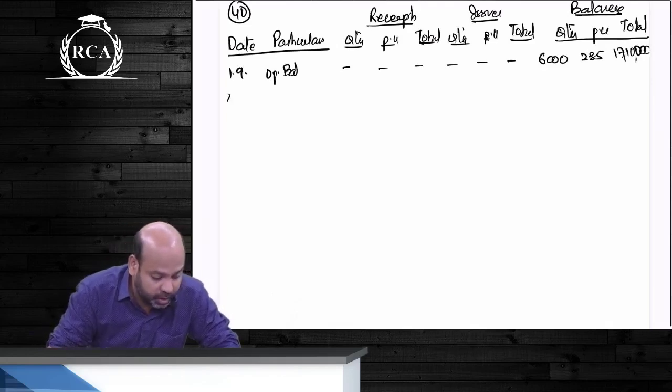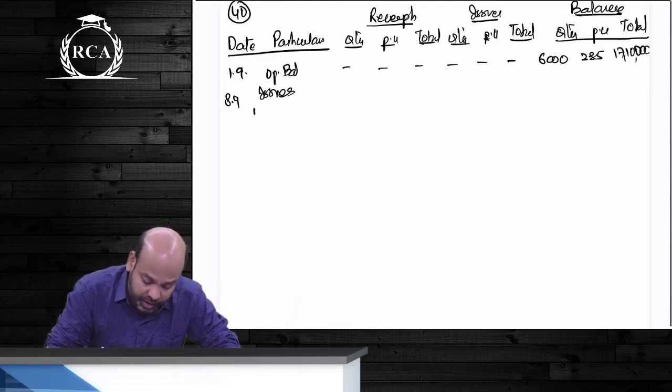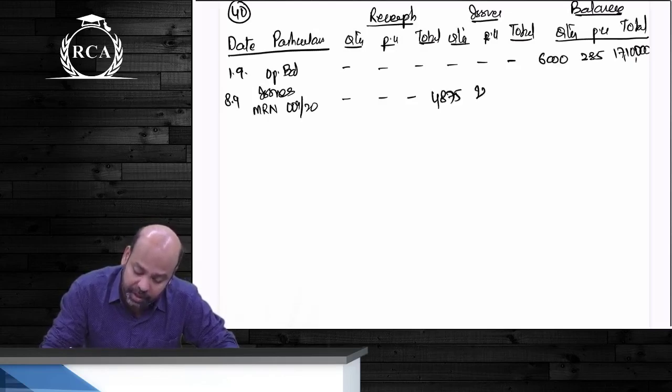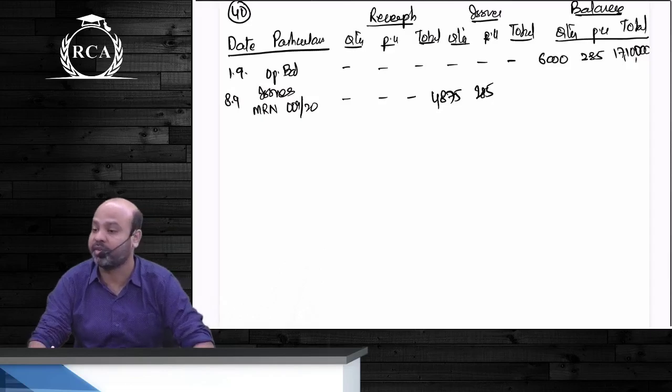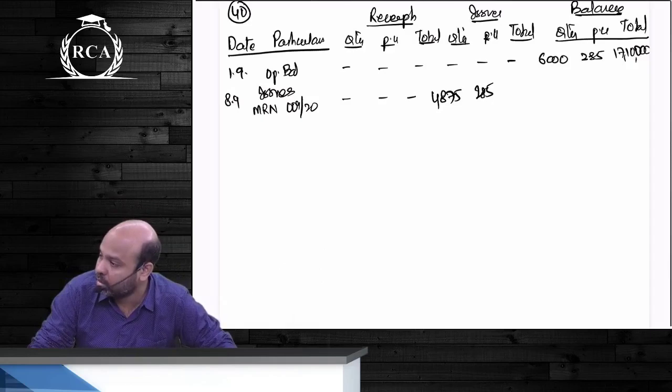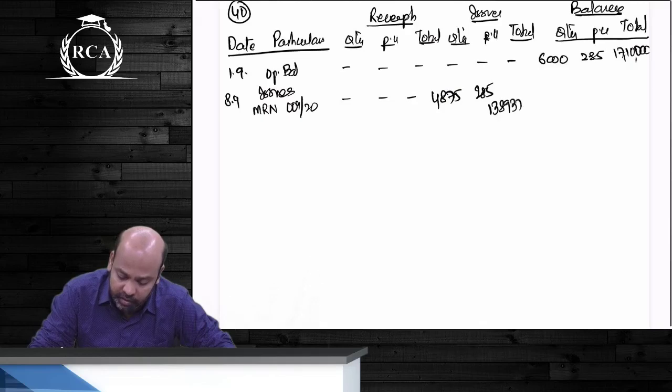On 8th of September, guys, there are materials being issued against requisition number MRN 009/20, guys. Because there's only one purchase prior to that, or there's only one balance, everything will be at the same price. 4875 units at 285. बेटा कितना हो जाएगा वो? 13 lakhs. 13,89,375.